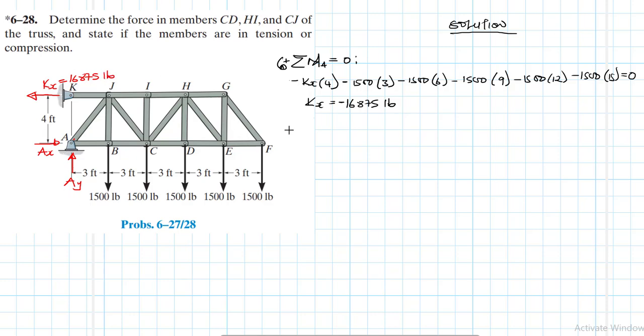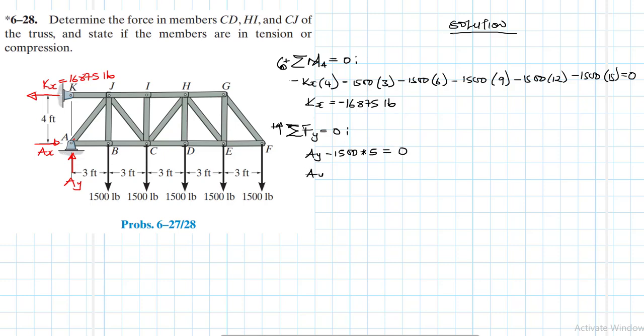So say summation of forces in the y direction equal to 0, like so. So what we have is ay, then minus 1500. How many are there? I'm just going to multiply since they are the same. 1, 2, 3, 4, 5 times 5, right, is equal to 0.